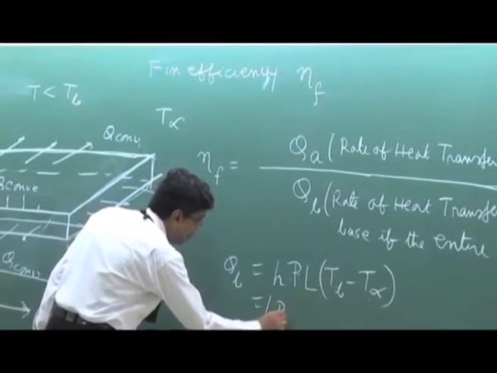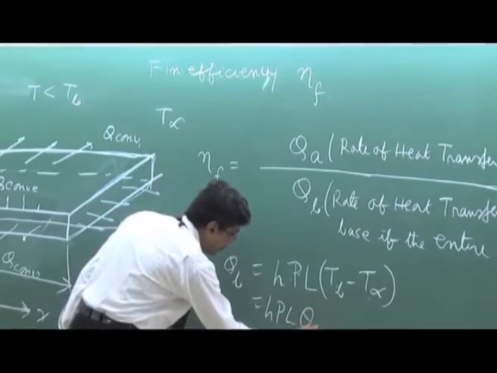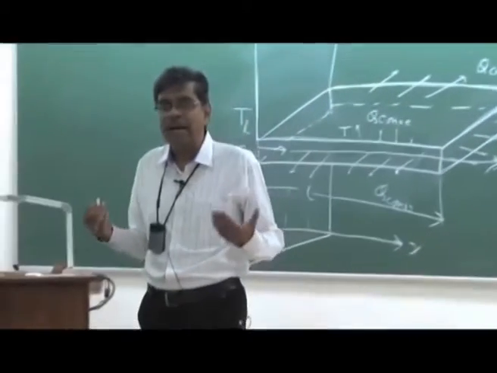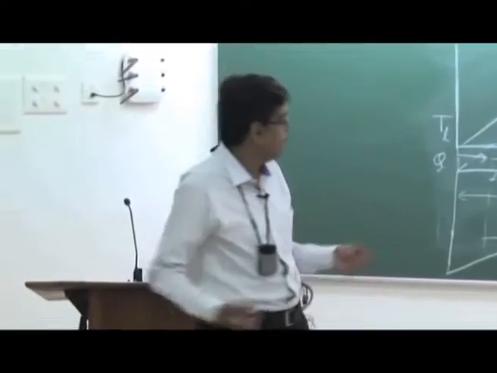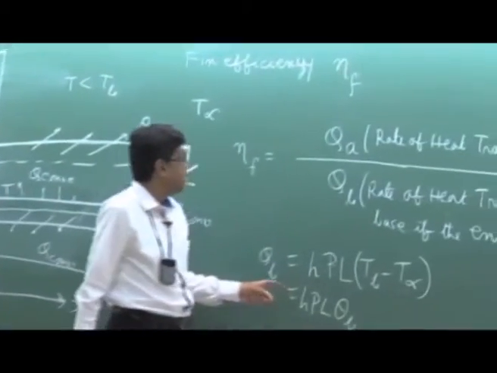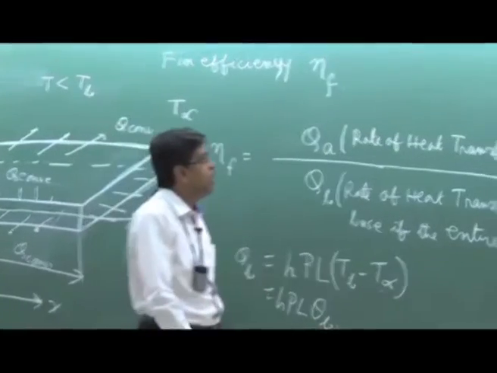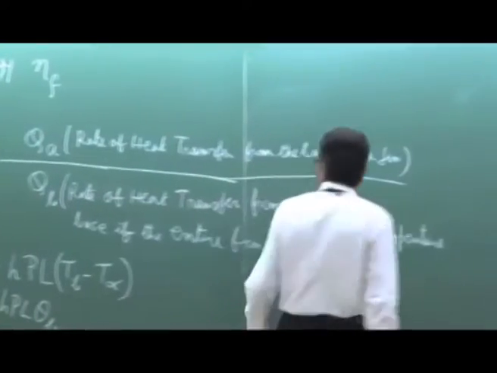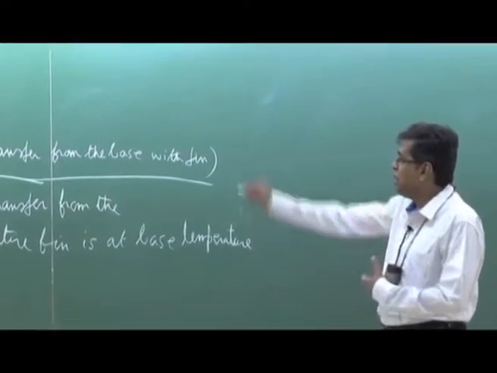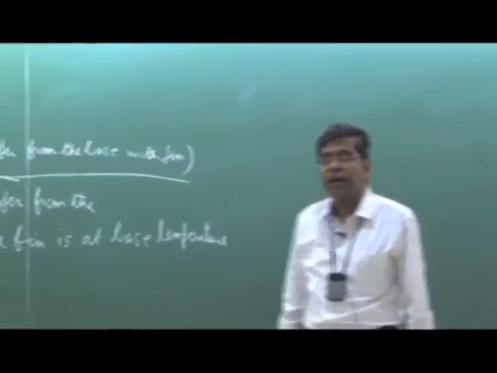So the ideal heat transfer, that means considering the fin to have infinite thermal conductivity, is hPL theta B. Therefore the expression of fin efficiency depends upon the expression of QA.